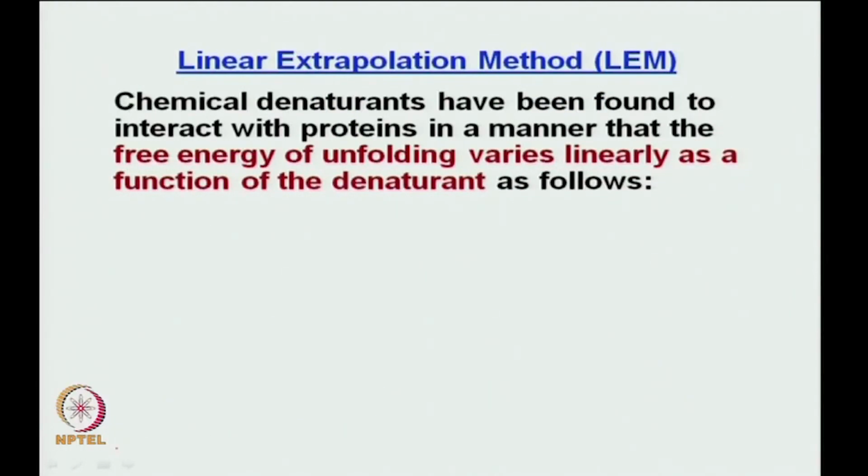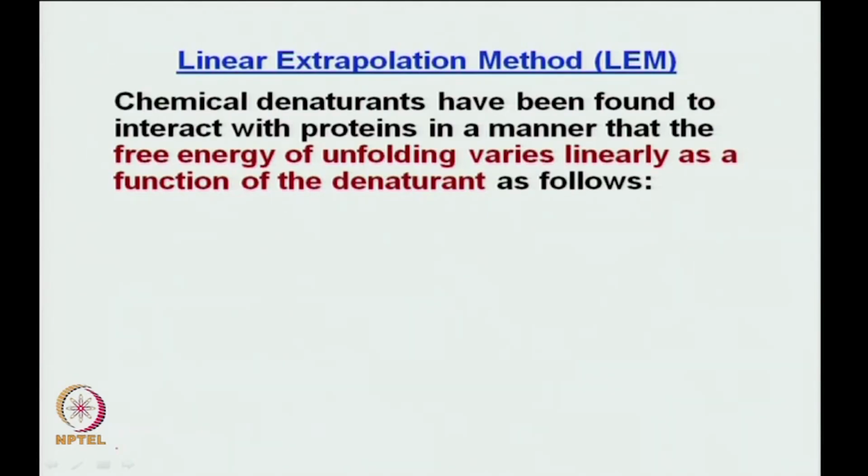It says that from many studies, chemical denaturants have been found to interact with proteins in a manner that the free energy of unfolding varies linearly as a function of the denaturant. That means, if we are looking at delta G, what was the delta G?